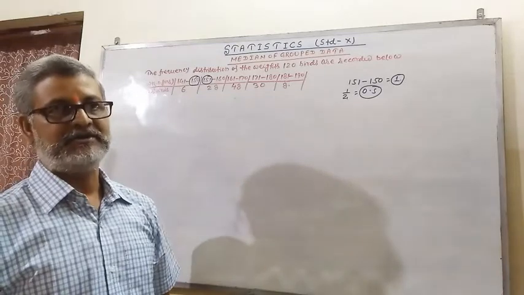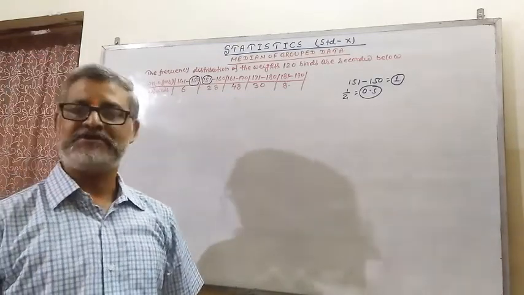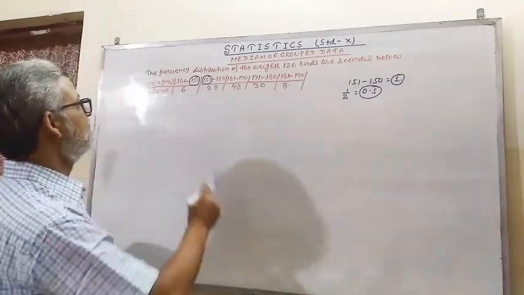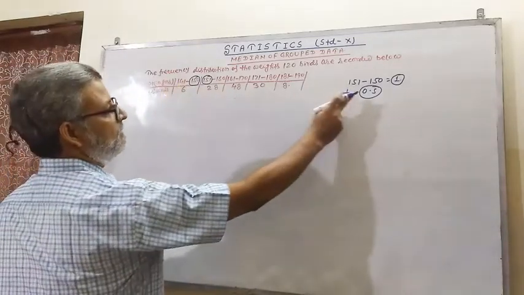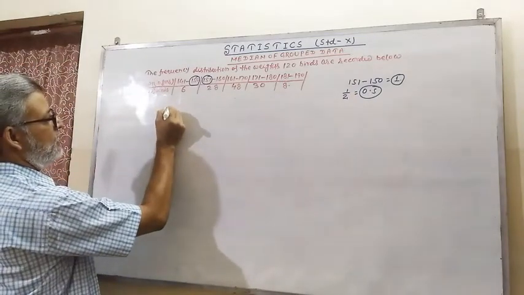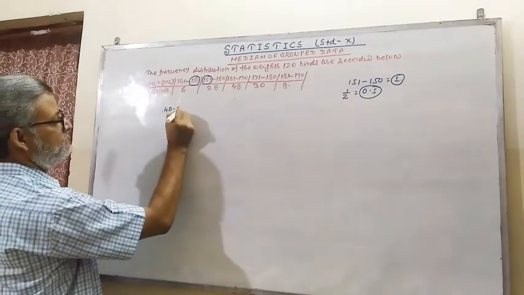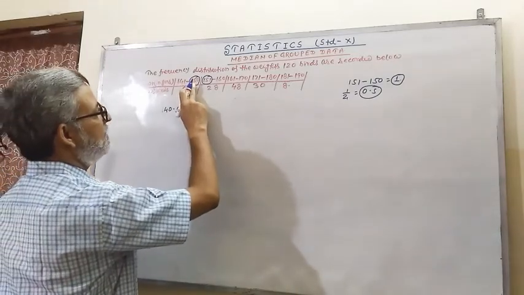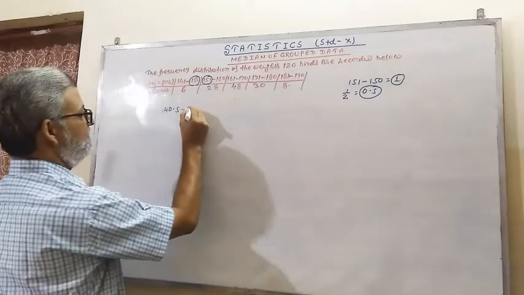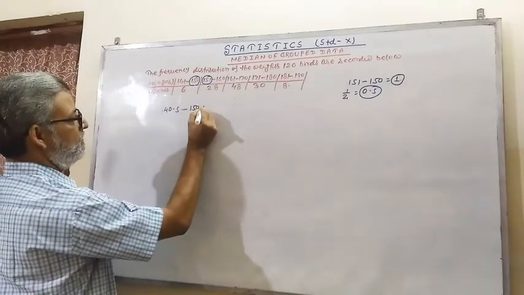Then the class intervals automatically become exclusive. Like 141 minus 0.5, that is 140.5, and in the upper limit add it. So 150 plus 0.5, that is 150.5.